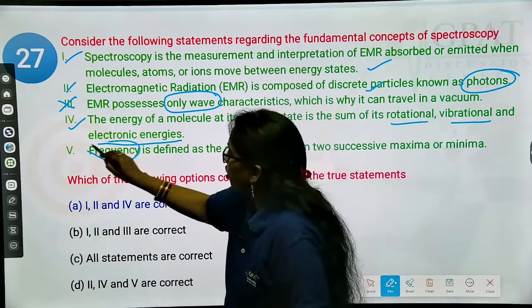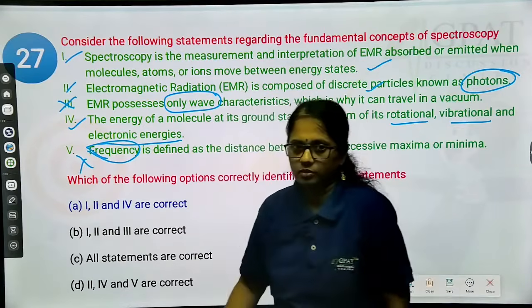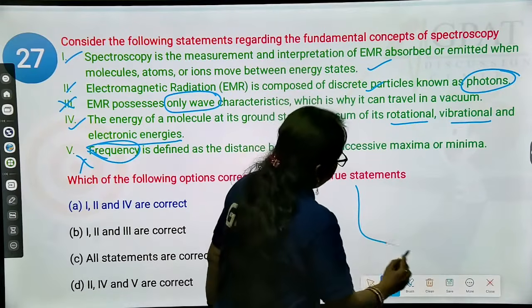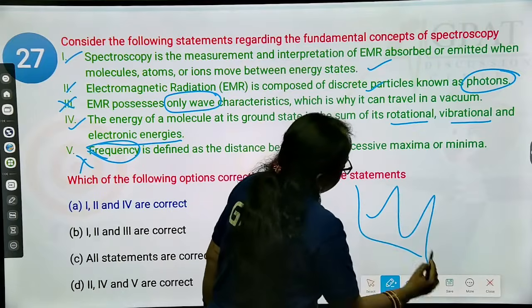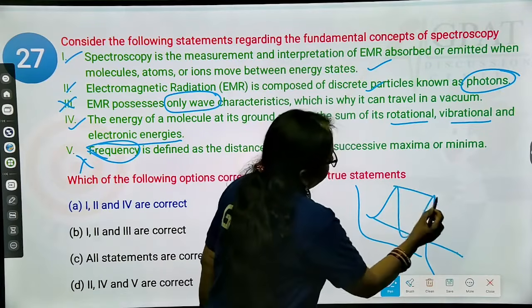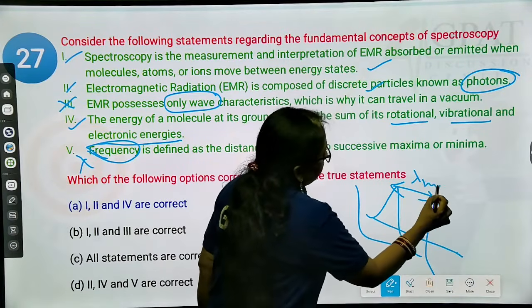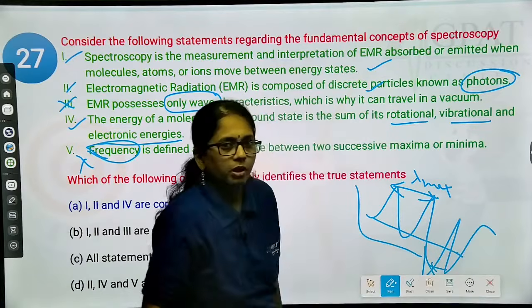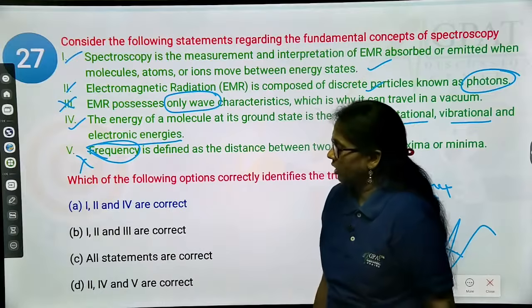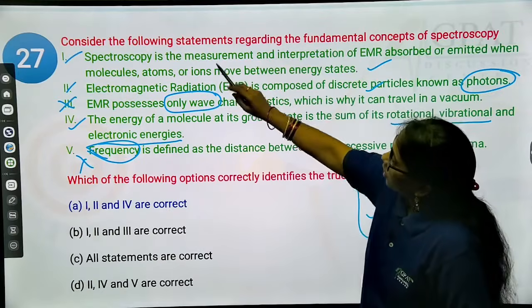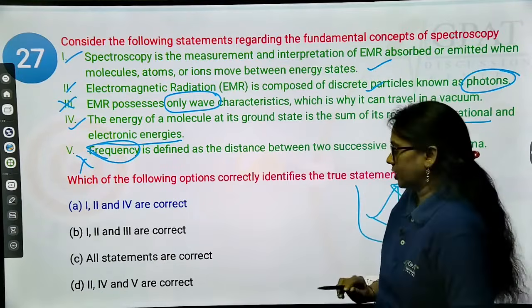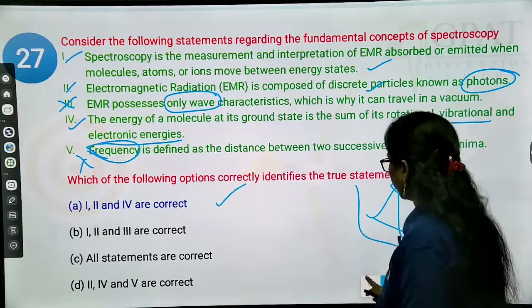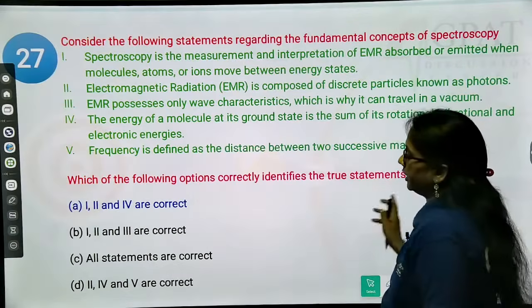No, this is not frequency, this is the wavelength. So wavelength is taken as the distance between two successive maxima or minima. This is going to be considered as the lambda max, and if you observe negative peaks, lambda minima. Whatever it is, that is called wavelength, not the frequency. So 1, 2 and 4 are correct statements. So that's why option A is going to be the right answer.